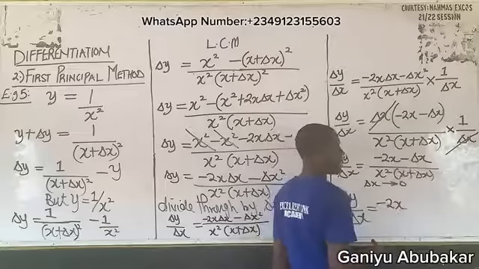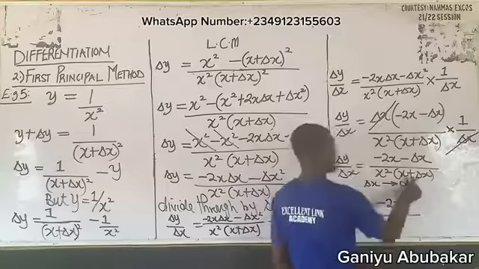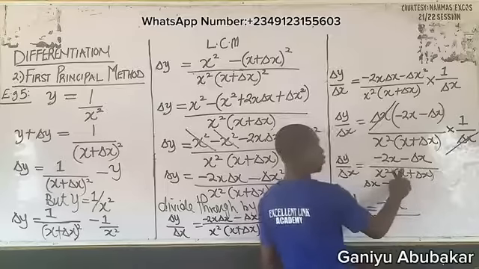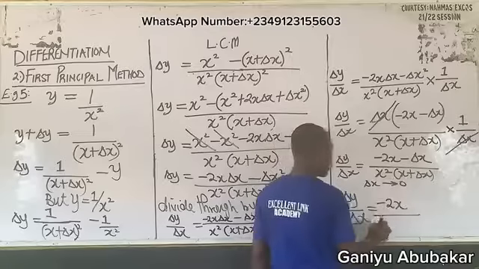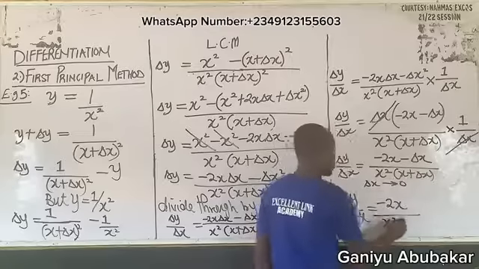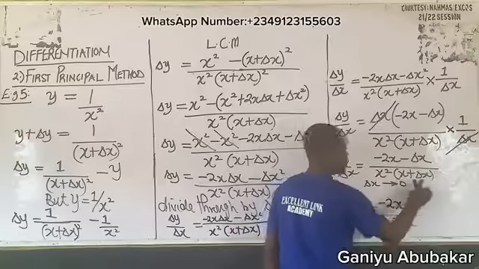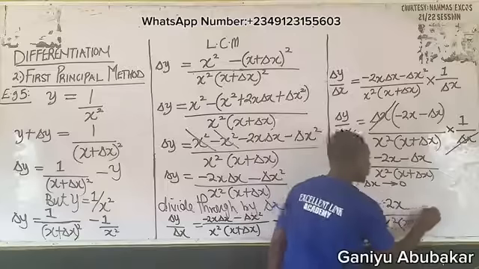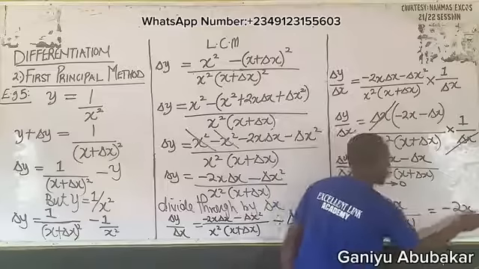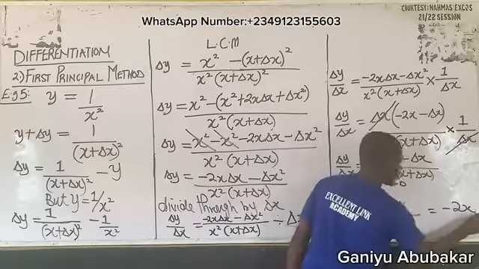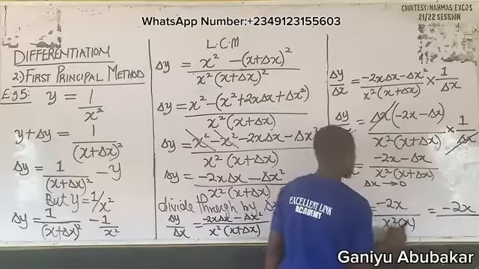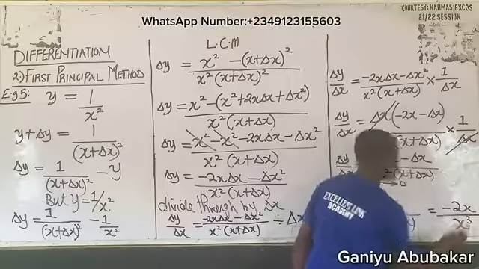So I have minus 2x left, all over, if I put 0 here, I just have x alone. So I have x squared into this x alone. This is 0 already, it's off. So this will give me minus 2x all over x squared times x, that's x cubed.